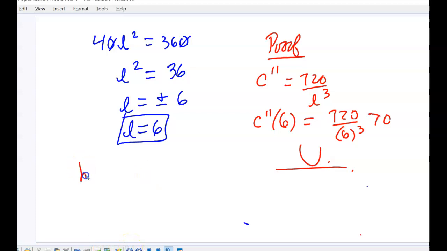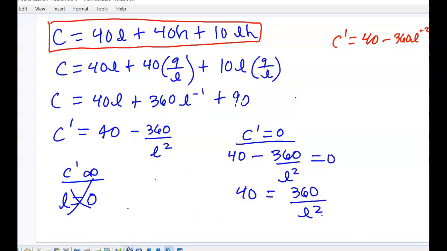Sorry, the height was equal to 9 over L. So the height was 3 over 2.